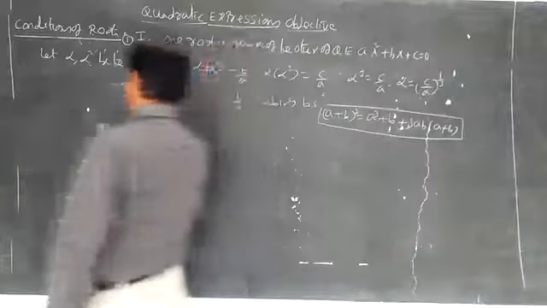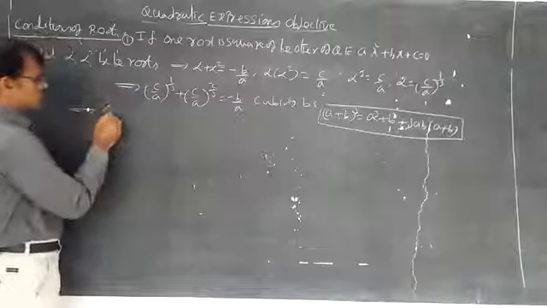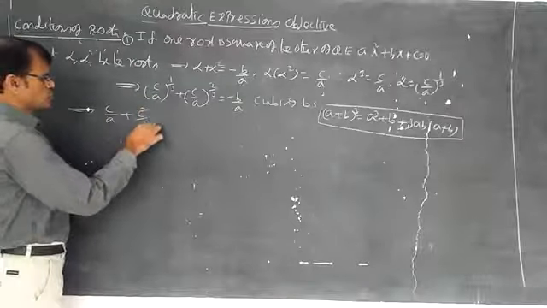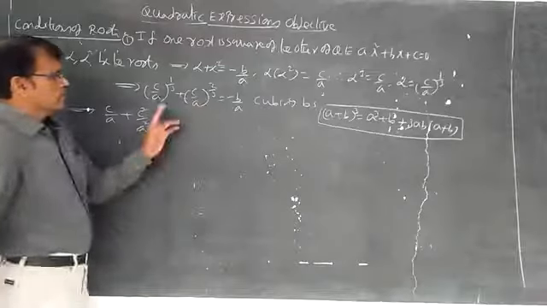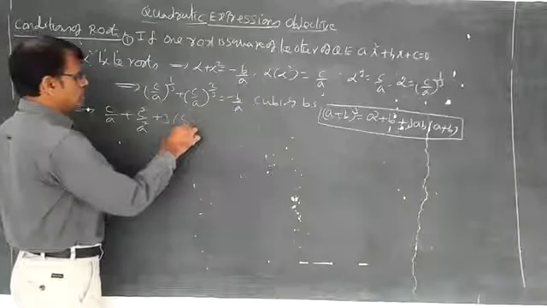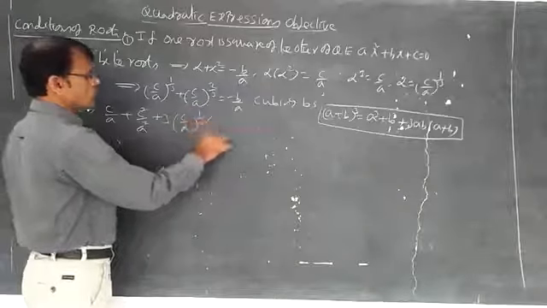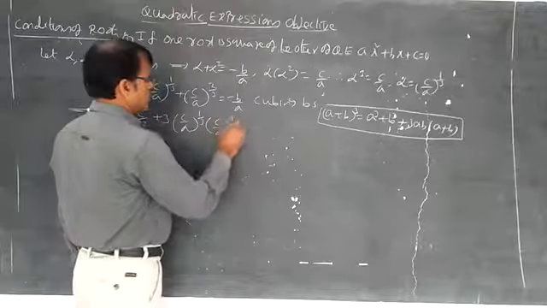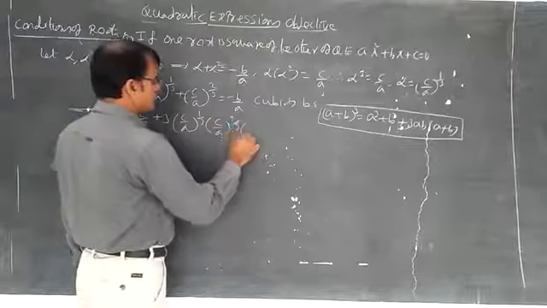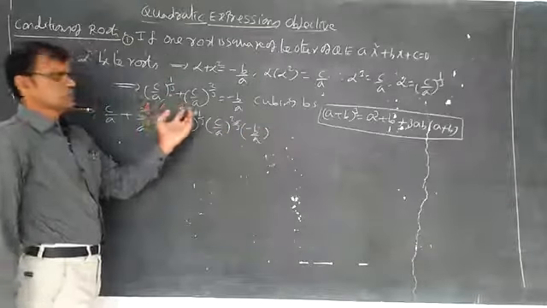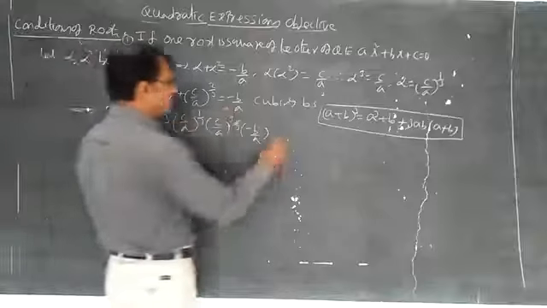So by cubing, it becomes c by a plus c square by a square plus 3ab into a plus b. 3ab means 3 into c by a whole power 1/3 into c by a whole power 2/3, into a plus b, which is minus b by a.